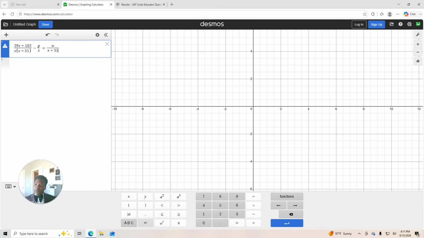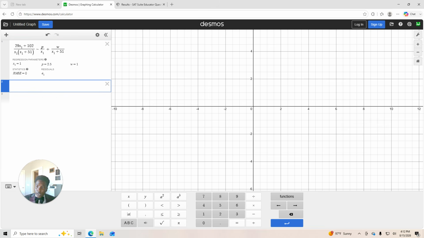Now, in order for Desmos to see the x as a variable it's going to solve for, you only put the 1. Bam. Oh my gosh. Bam. Alright. I'll still make a list.